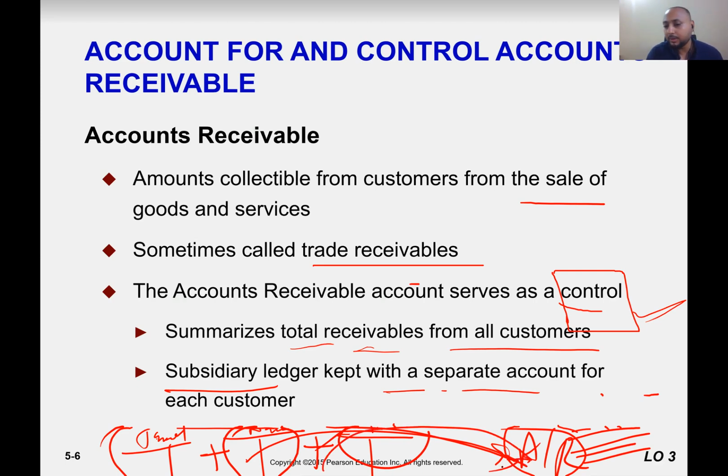Final figure of Pinyo will go to accounts receivable, right? That's why it is a main control account, so that at a glance you can easily find out how much these customers need to give us, or what our claim on outsiders is, that we need to collect money from you.